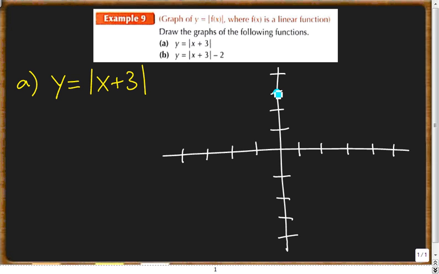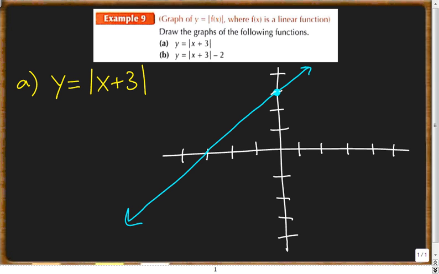This would have a y-intercept of 3, and we would have a graph that looks like this.